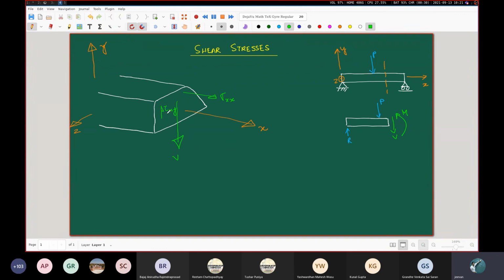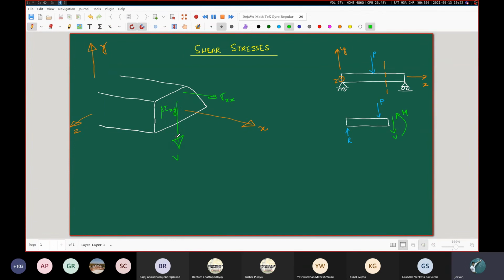So we are drawing the shear stress on a plane on which the outward normal is along the positive x direction. So in order to maintain the positivity convention, we have to consider the direction of the shear stresses along the positive y direction. The first subscript, x, is along the positive x direction, along which the unit outward normal is. And the second subscript denotes the positive direction of the shear stress, along the positive y.